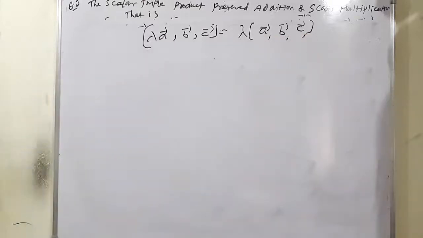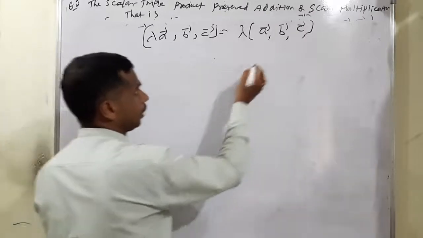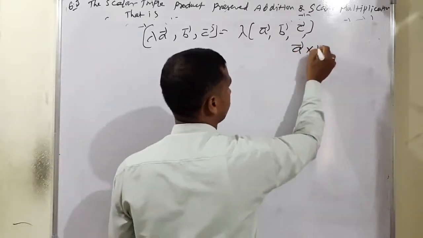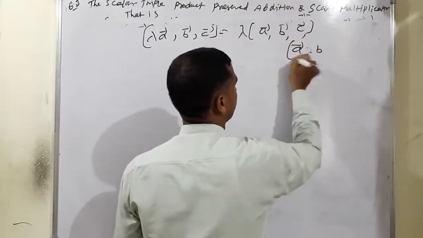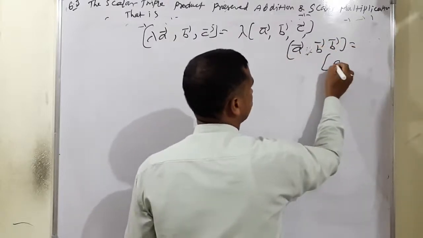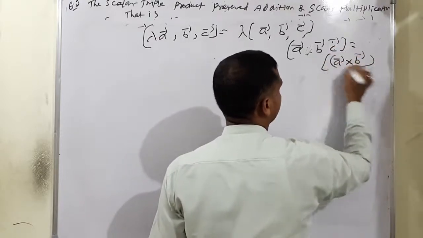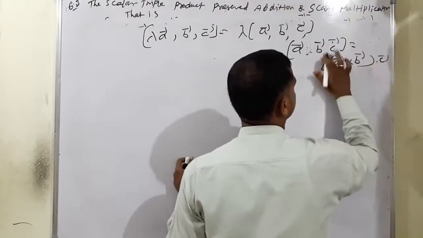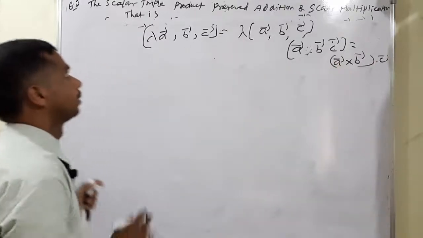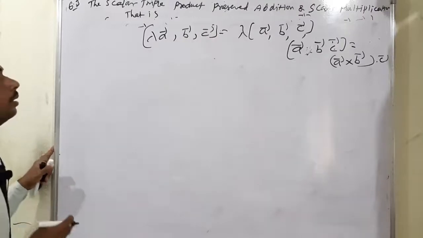Look at there: first, the same scalar triple product. The box product of A vector, B vector, C vector is equal to A vector cross B vector dot C vector. This is the scalar triple product.